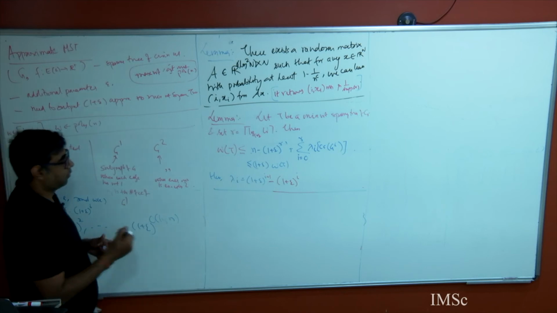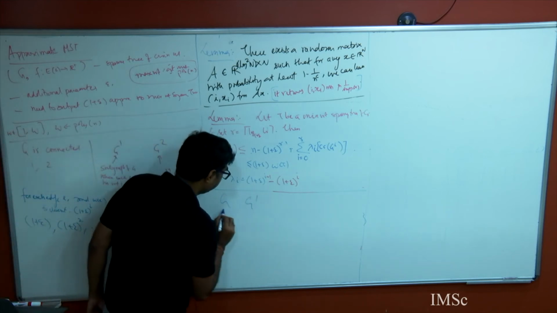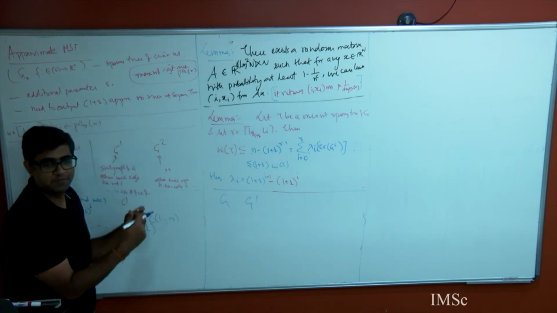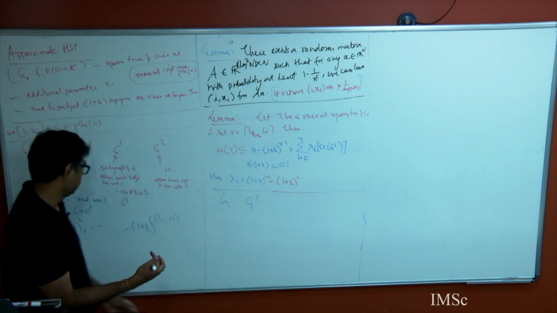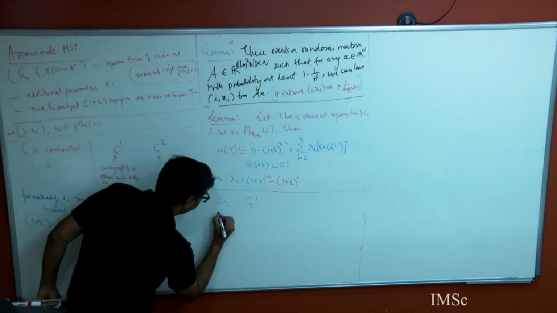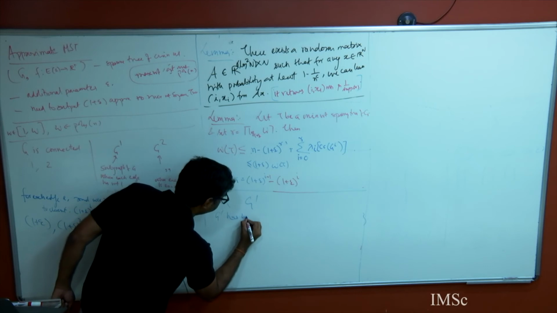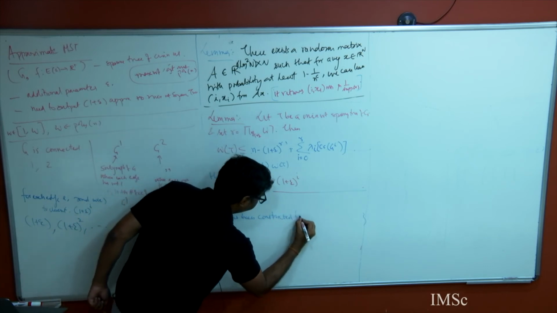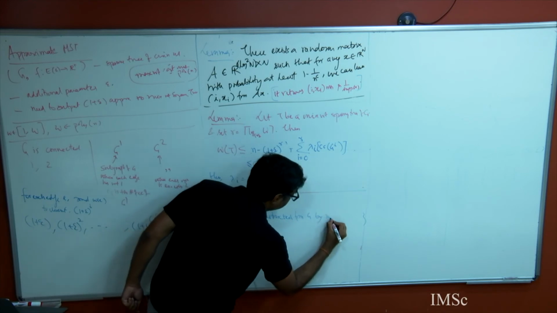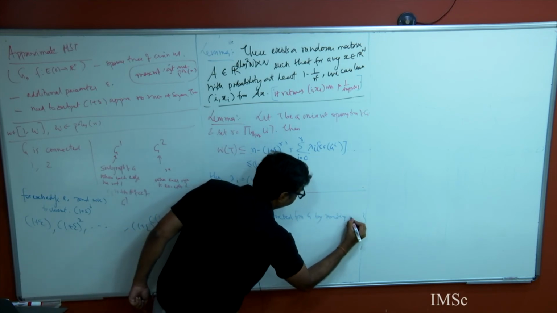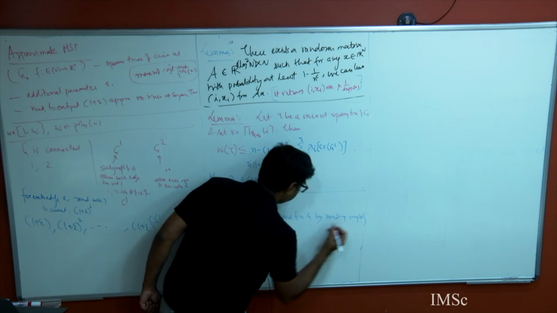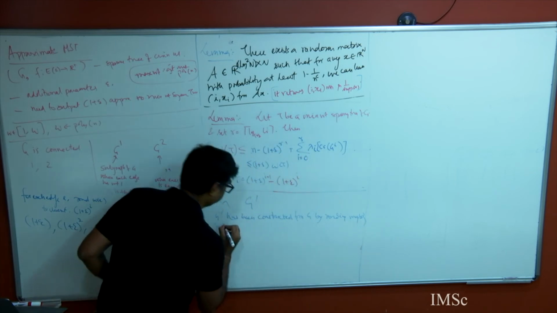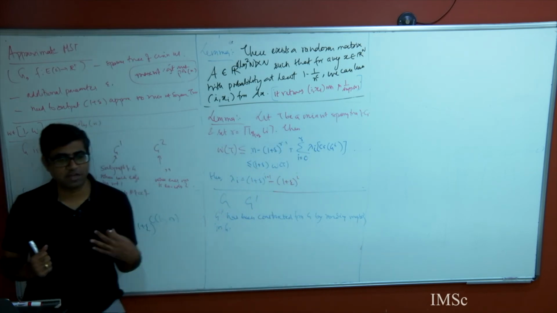So, given a graph G, we have constructed G prime where edge weights are rounded up, right? So G prime has been constructed from G by rounding weights in G. So clearly the minimum weight spanning tree can only grow.